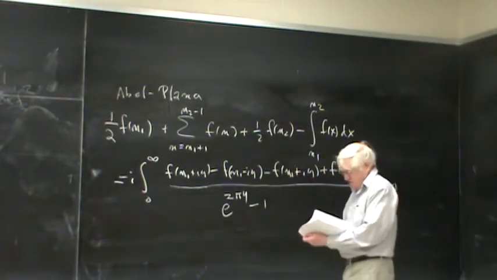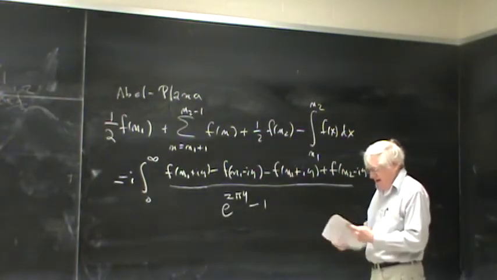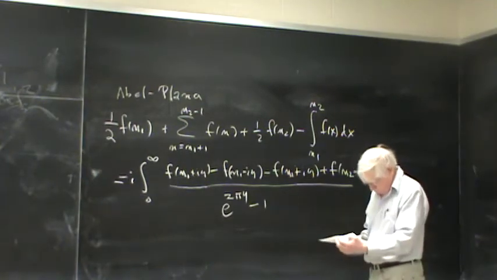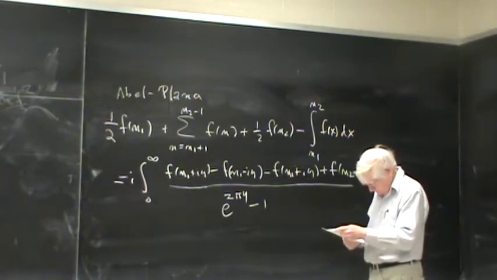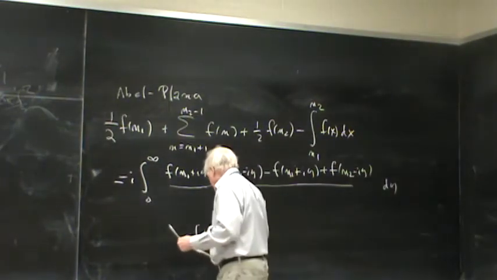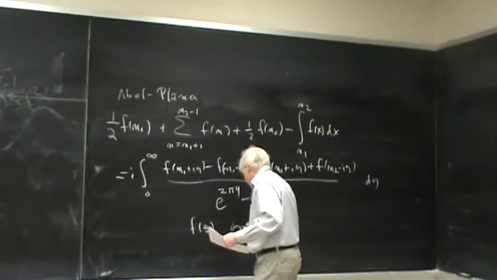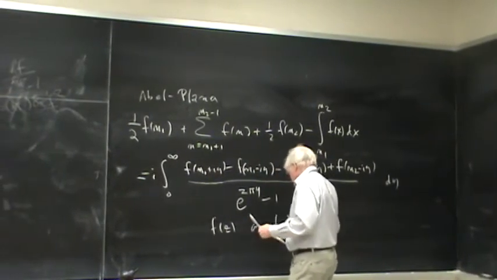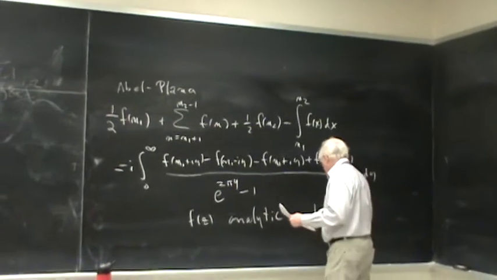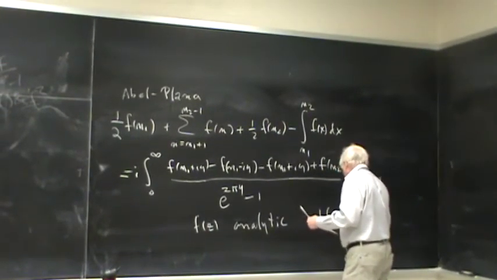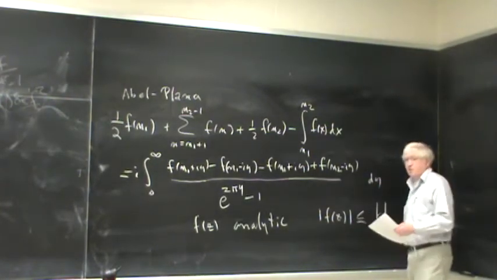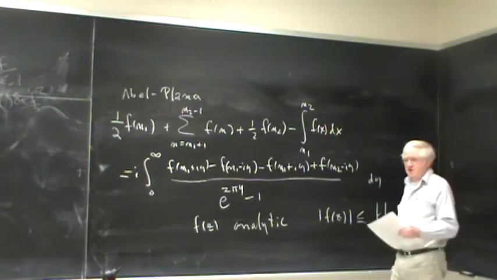And the assumptions here on f are that f of z is analytic and bounded. So the absolute value of f of z is less than or equal to some h, where h stands for huge.